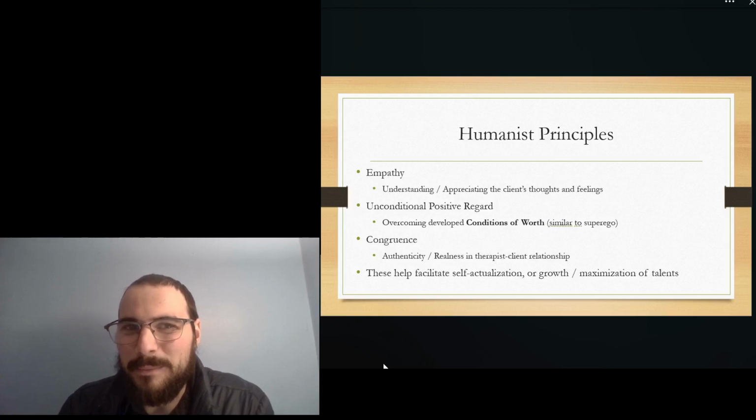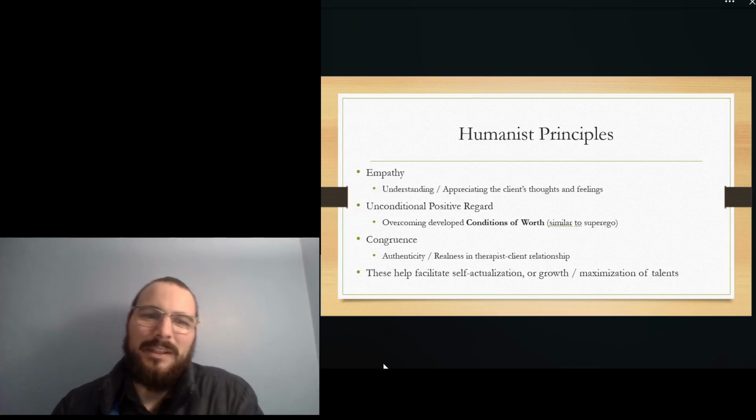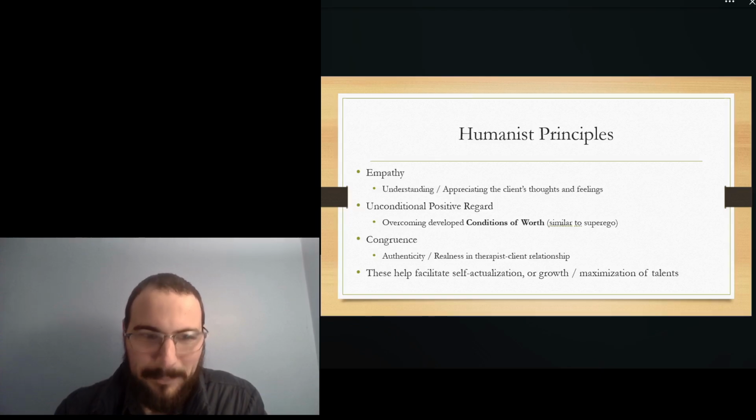There needs to be that relationship between you and the client that they feel is genuinely real and authentic, and that can ultimately help create growth in the client.